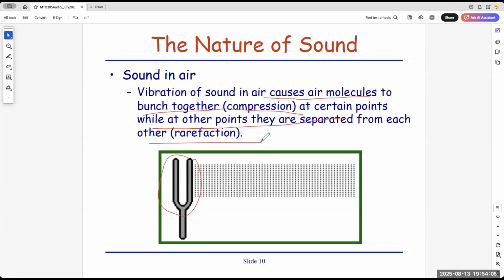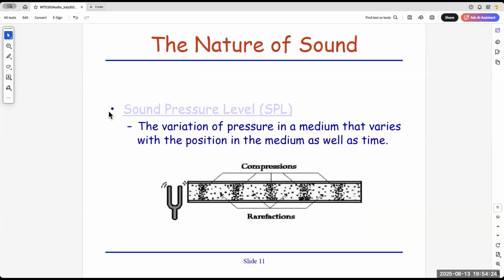This is a mouthful. What is compression? What is rarefaction? Rarefaction means what I just mentioned as relaxation. But how does this tuning fork really work? A pictorial video view will be better, because a picture says a thousand words, or a video says a thousand images. So let me show you.